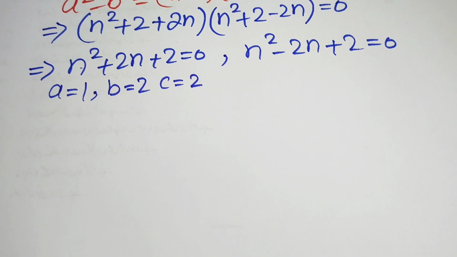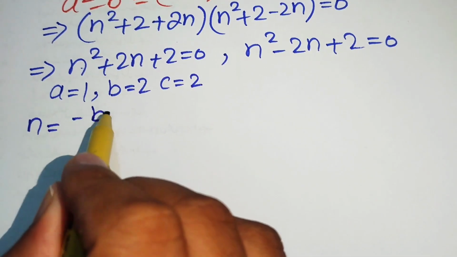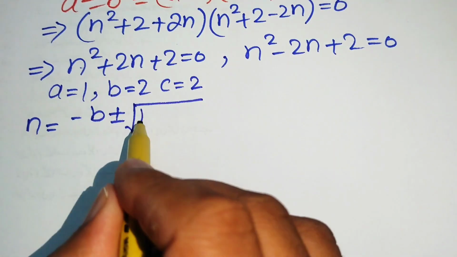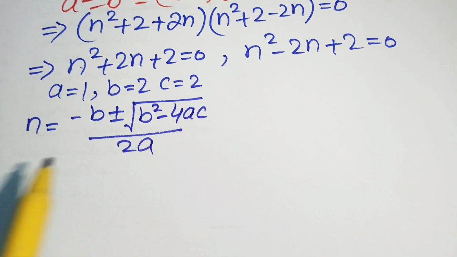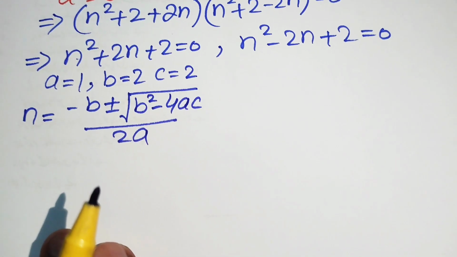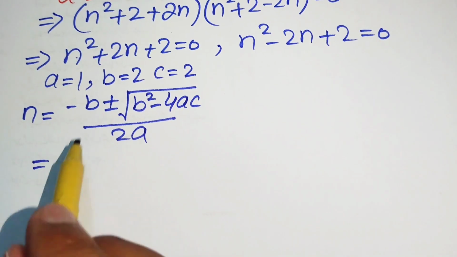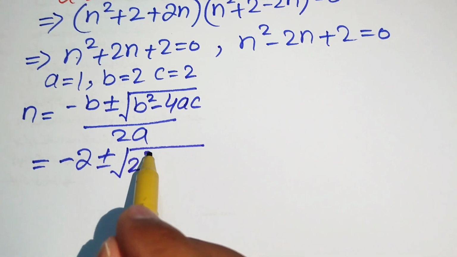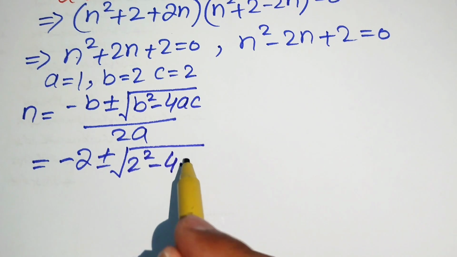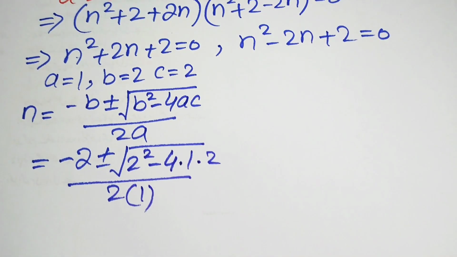So that our quadratic formula will be written as n equals to minus b plus minus square root of b square minus 4 times of ac divided by 2 times of a. So now we substitute all the values of a, b and c here, and we get minus 2 plus minus square root of b square, so b is 2 square minus 4 times of a is 1 and c is 2, and this is divided by 2 times of a, and a is equals to 1.